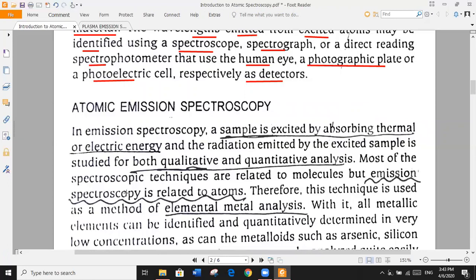Most of the spectroscopic techniques are related to molecules, but emission spectroscopy is related to atoms. You must remember that here we are talking about atoms, not molecules. Therefore, this technique is used as a method of elemental metal analysis.